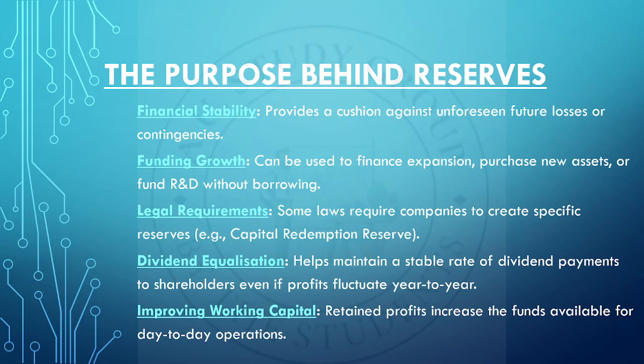They can also fund growth, like buying new machinery without needing loans. Sometimes even the law requires certain reserves to be created. They can also be used for dividend equalization, that is, keeping dividend payout steady. For example, if you want to pay dividends at a steady percentage to the shareholders even if profits wobble year to year, you keep a dividend equalization reserve.